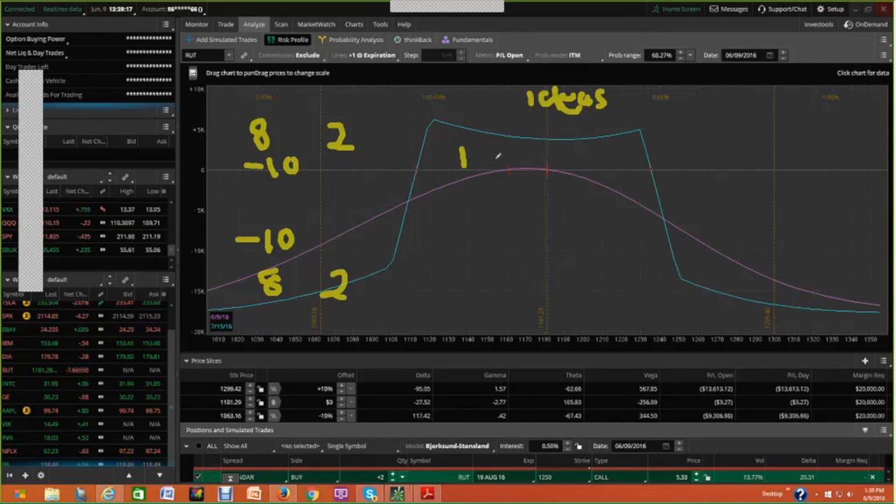Step 1, and there's numerous ways, I can do 8 iron condors in July, right?